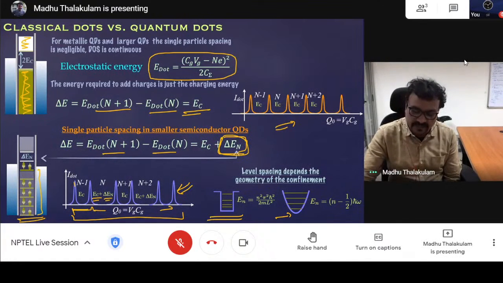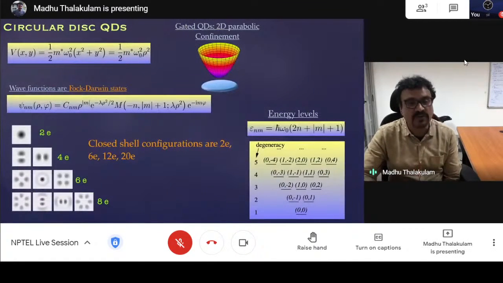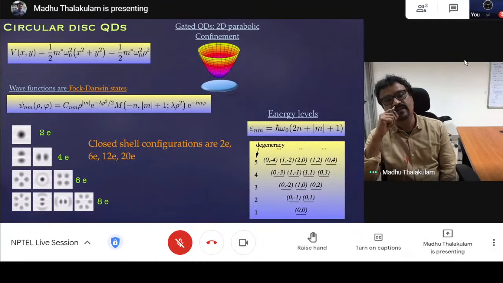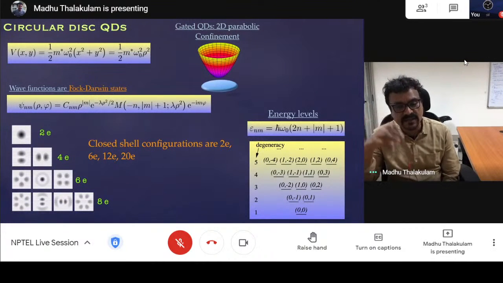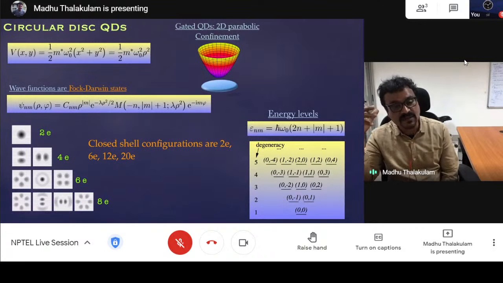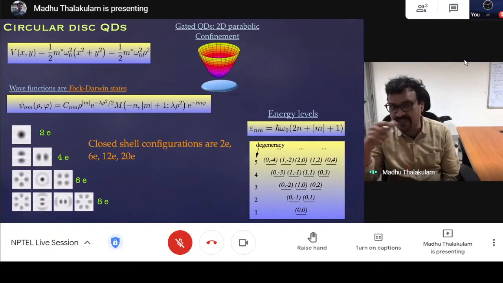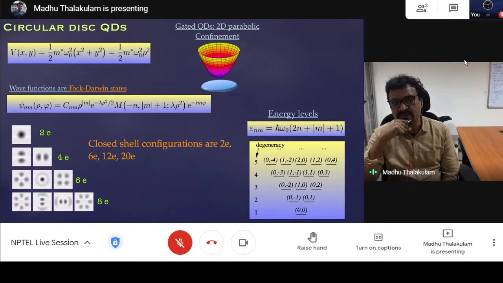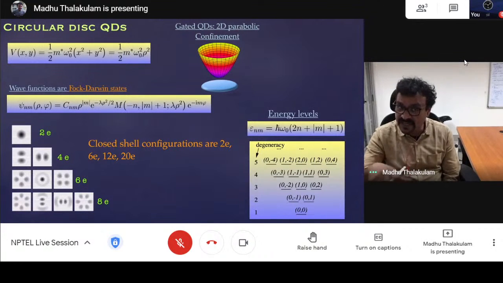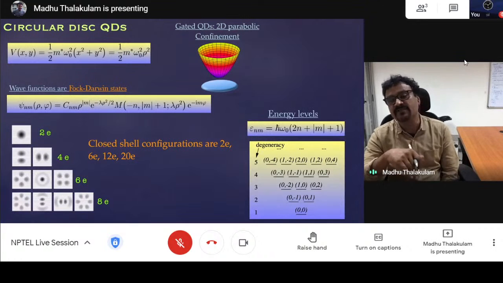Okay, so what we are talking about here is the filling sequence or shell filling in this structure. This is very similar to how you fill electrons in a natural atom. So if you consider a circular disc-shaped atom, that is what you generally get.